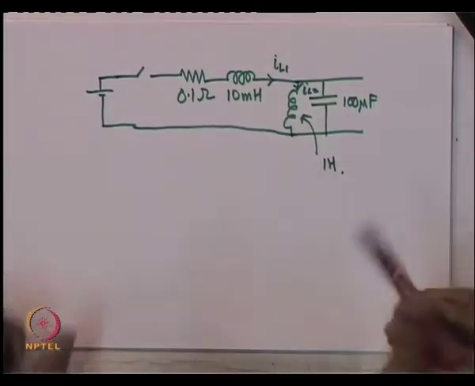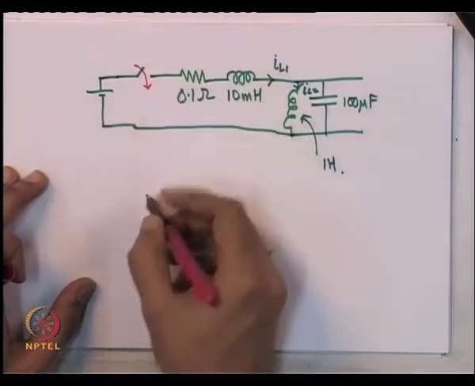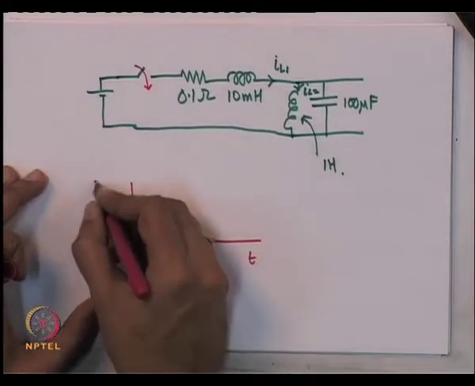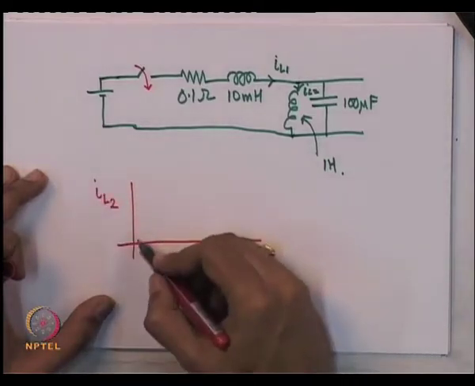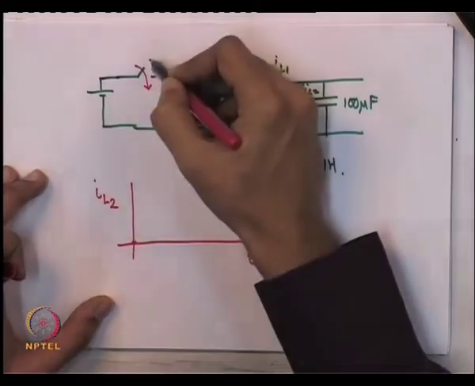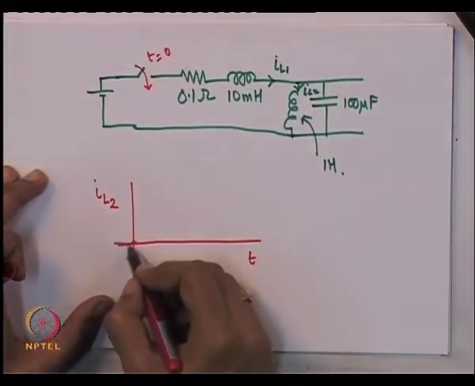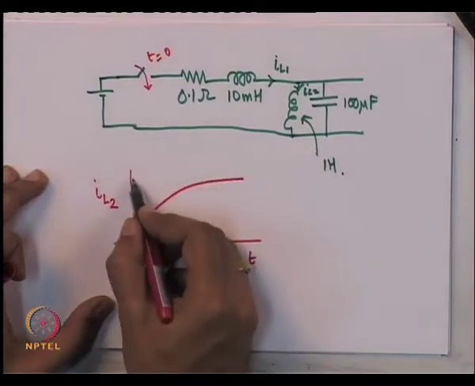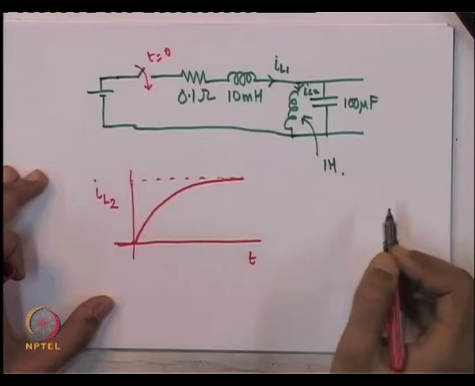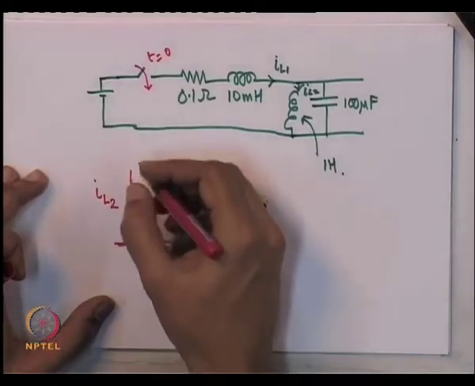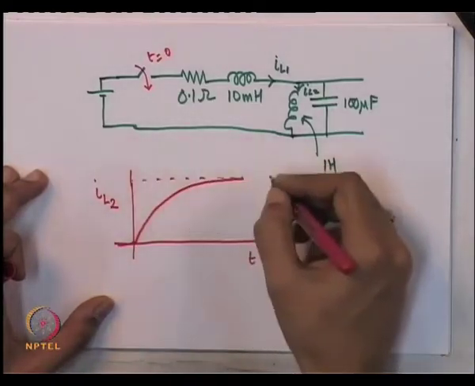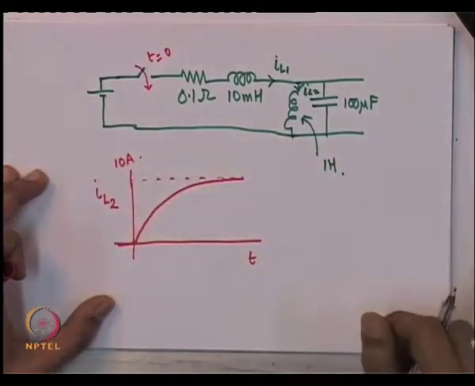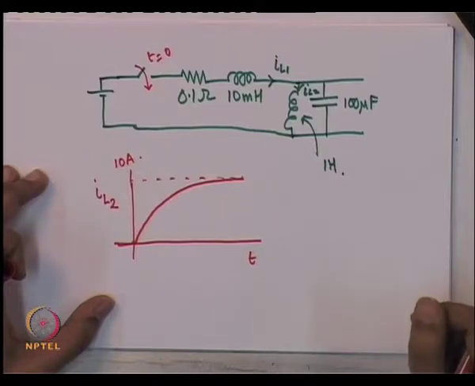In fact, if you look at the response of IL2, you will find that it starts from 0 of course, and it grows to 10 amperes.